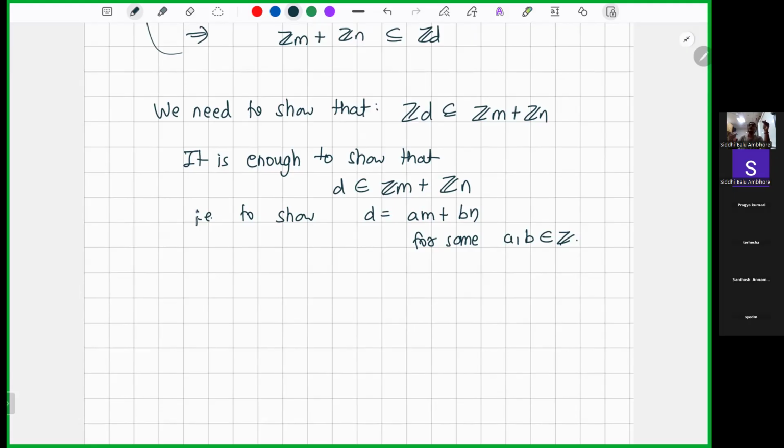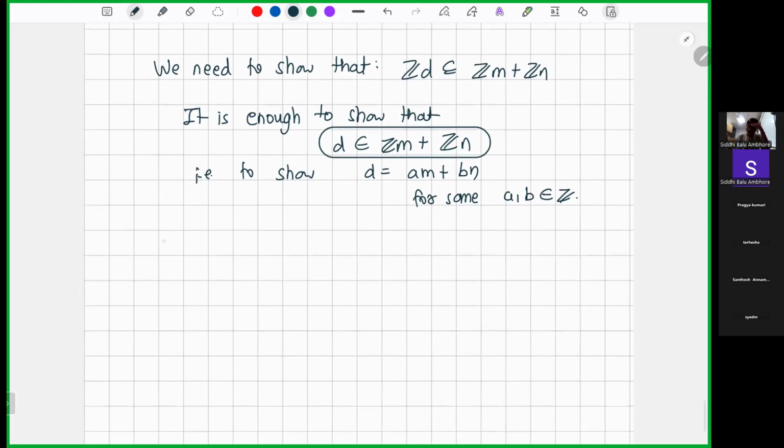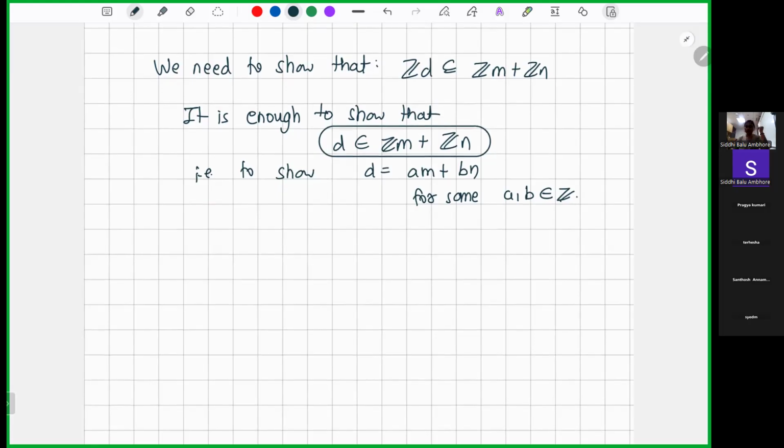In order to prove that ZD is contained in this Zm plus Zn, we have to show this. Okay, so how to prove that? Any ideas or guesses or any suggestion how to start?